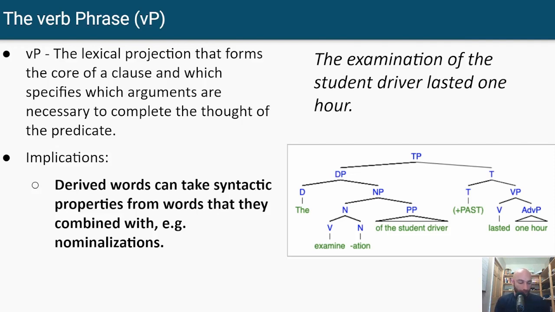So when a root combines with a verb, and that combination has an argument, when you then put a noun on top of that, like in the case of examine and examination, it can keep the argument structure from the verb. So this is how words are built, complex words in particular.